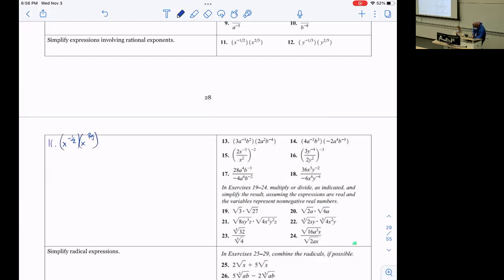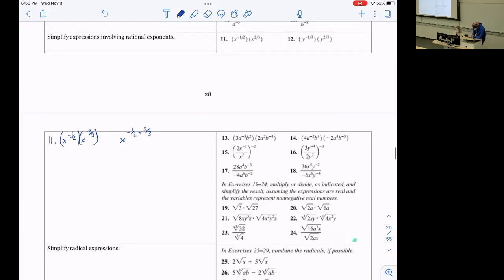So we'd end up getting x to the negative 1/2 plus 2/3, which we can just make sure they have common denominators. So that would be 6. So if we multiplied this one by 3/3 and this one by 2/2, we'd get x to the negative 3/6 plus 4/6. And we'd end up with x to the 1/6. And that would be our answer here.